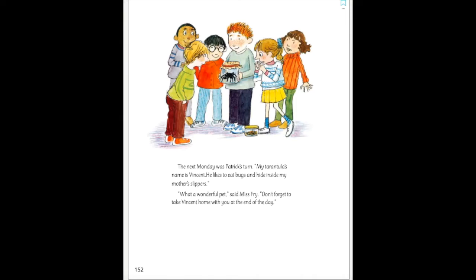So, how do you think Patrick's mother feels about his tarantula hiding in her slippers? Do you think she likes it? She probably doesn't like it. And what will she think if Patrick leaves the tarantula at school?